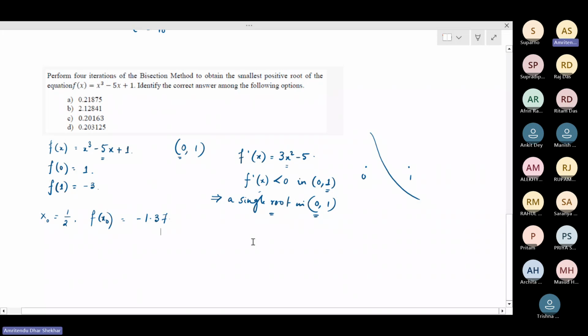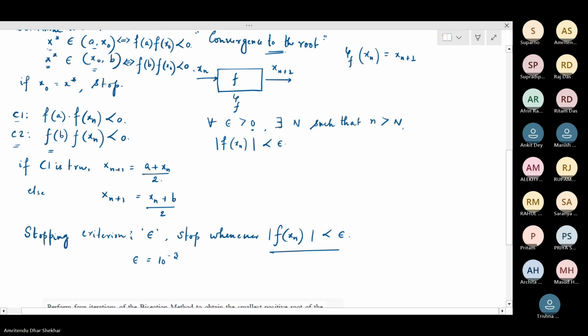Now you have to make a decision, checking condition C1 or C2.